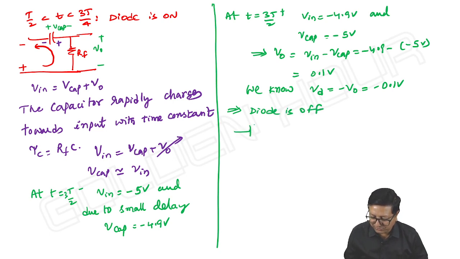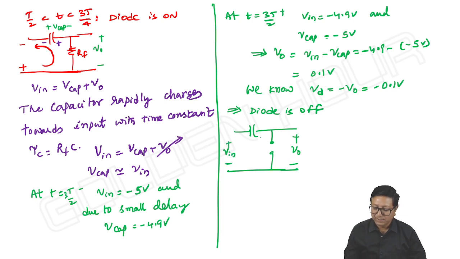Once the diode is off, this is the equivalent circuit. The capacitor has charged up to 5 volts with these polarities. V capacitor polarities are like this. So V capacitor is minus 5.